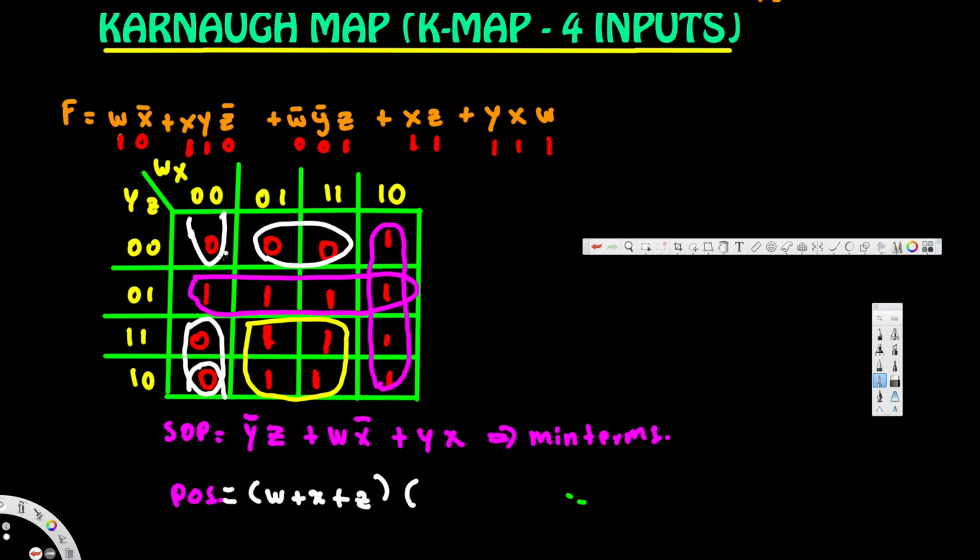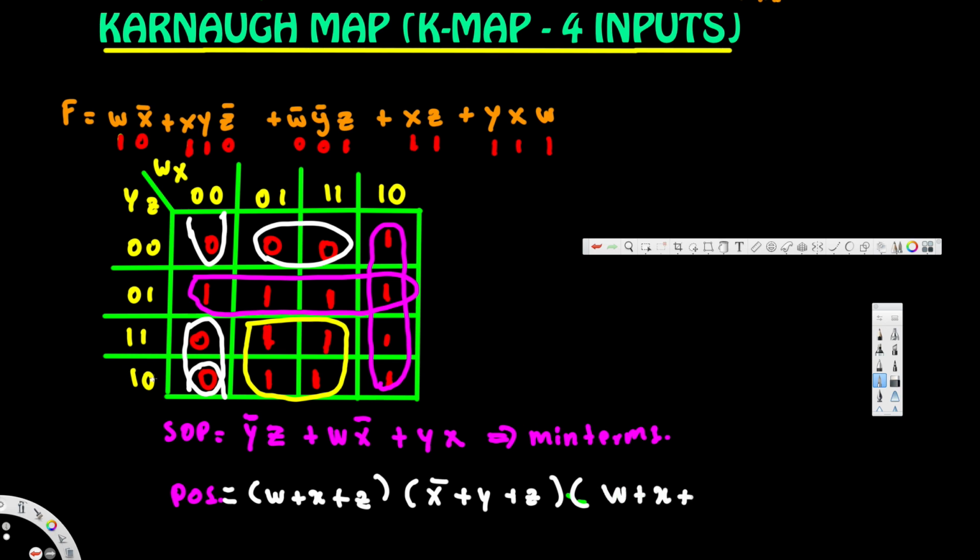Now let's look at the next one. Let's look at this one right here. Here we have wx, x is not changing, but it's 1, so we have to complement it. But y and z are 0 0, it's not changing, so we can put y plus z. Okay, now let's look at this one, this bottom part. For this one, w and x are not changing, so it's already 0, so w plus x.